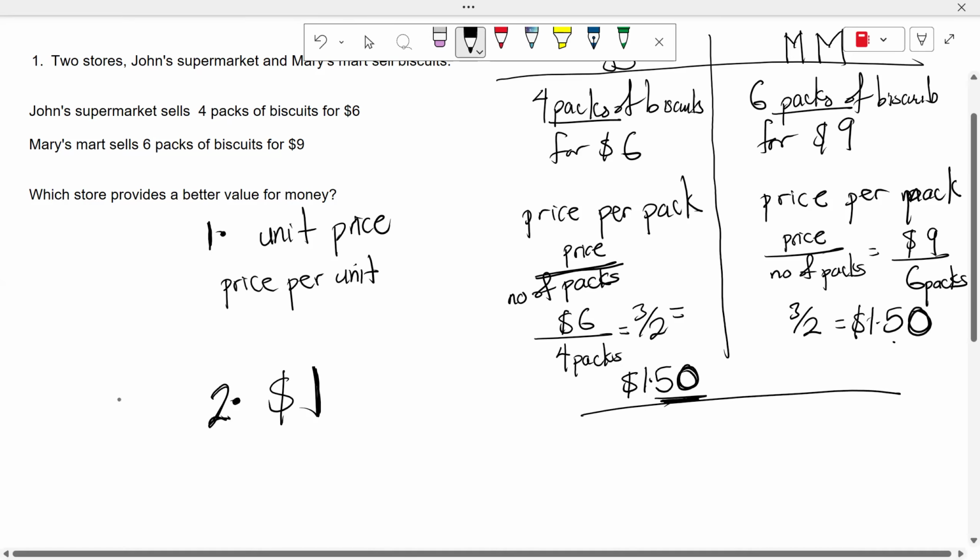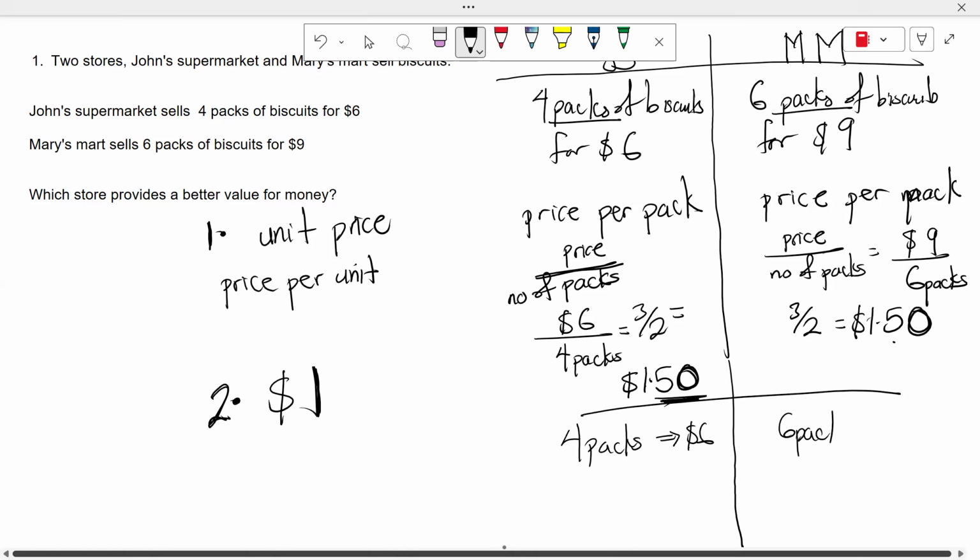We know that here 4 packs of biscuits cost $6, and here 6 packs of biscuits cost $9. I want to know how many packs I will get for $1.